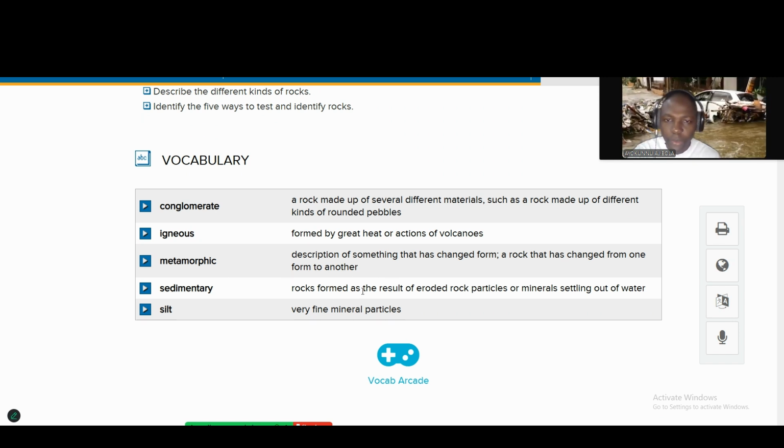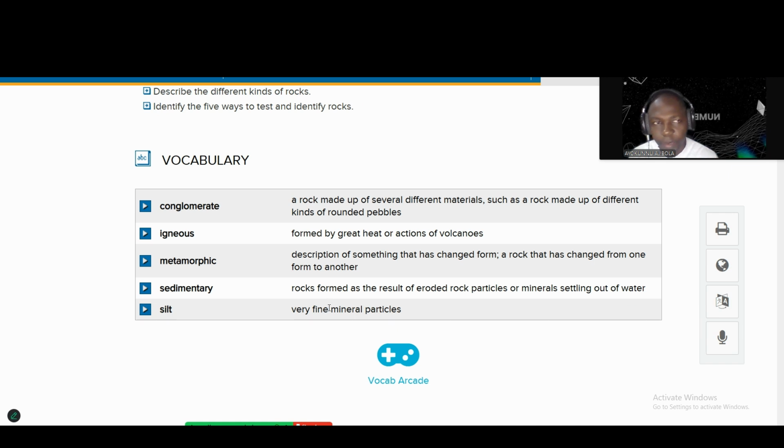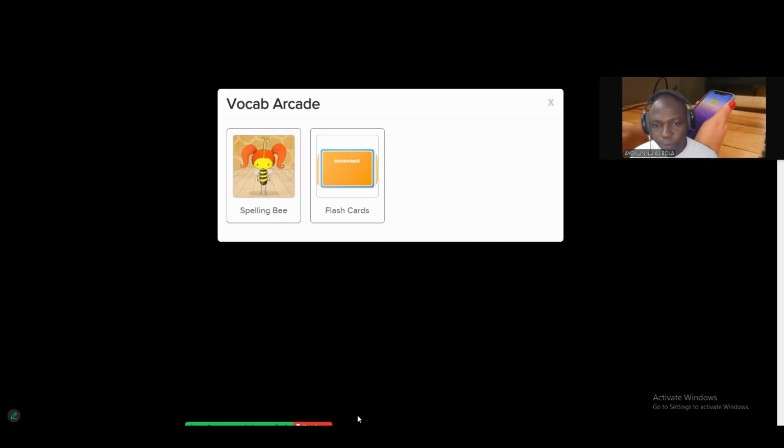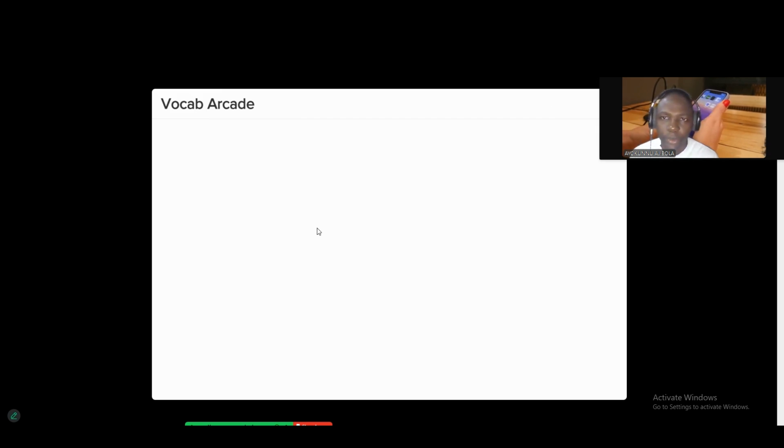These are rocks formed as a result of eroded particles or minerals settling out of water. There's silt. Silt is very fine mineral particles.